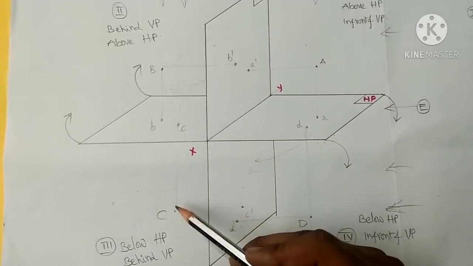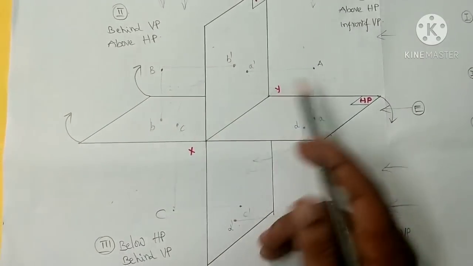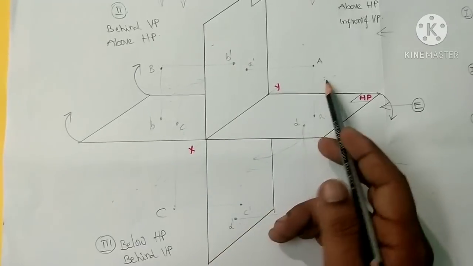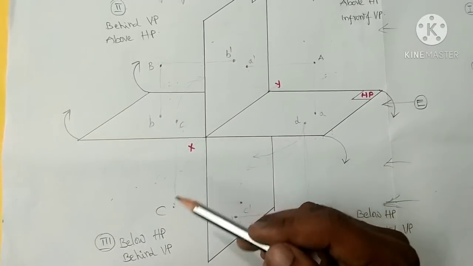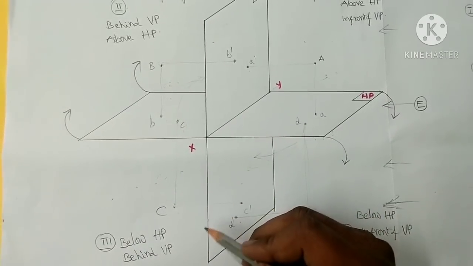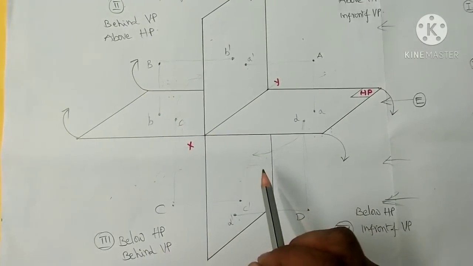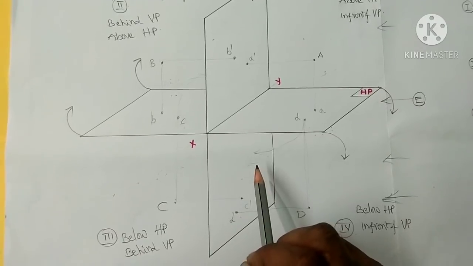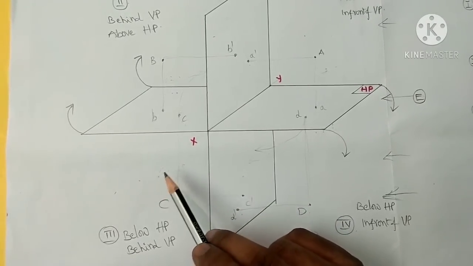If we follow first and third angle projections, that means the first quadrant and third quadrant, we will get one view above the reference line and another view on the other side of the reference line. So we will have a clear view. That is why we can avoid the second and fourth quadrants for constructing the projections of lines, planes and solids.